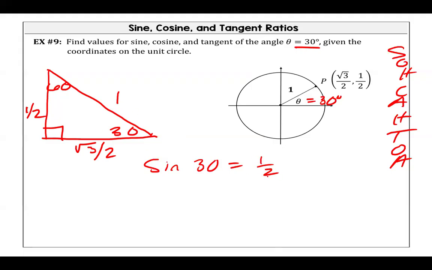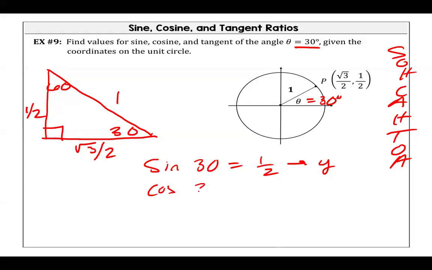And then my hypotenuse is 1. Is there any reason to write that? No. So the sine of 30 is 1/2. So what that means is that at 30 degrees, that's your y value, because sine represents the y.